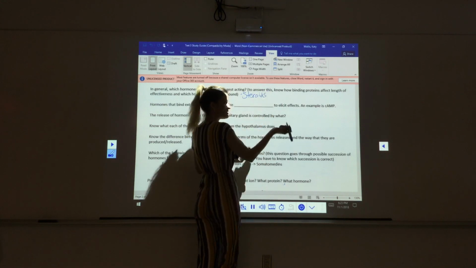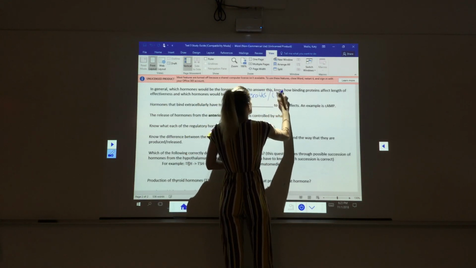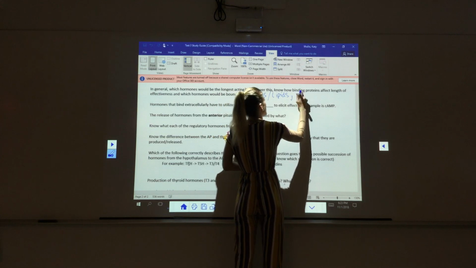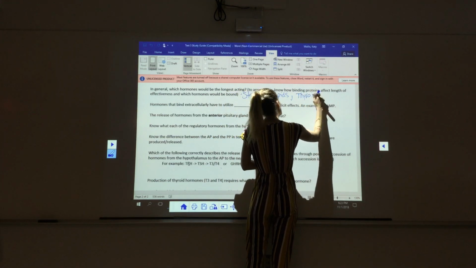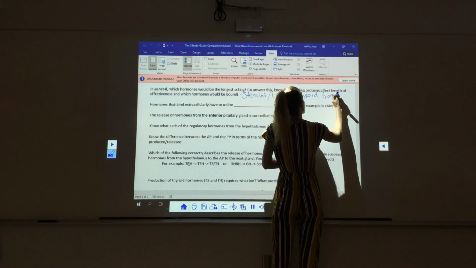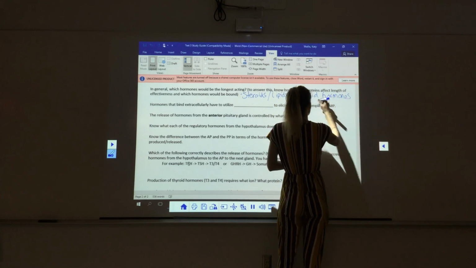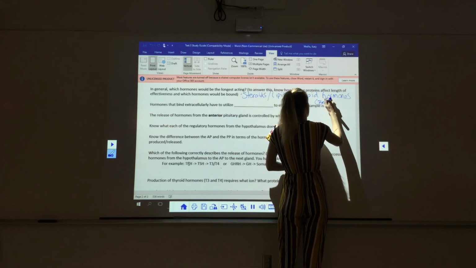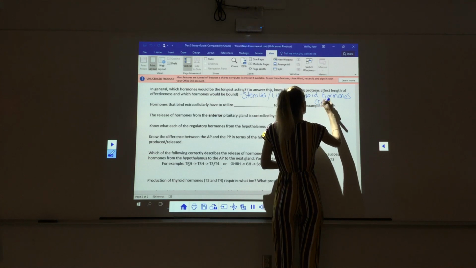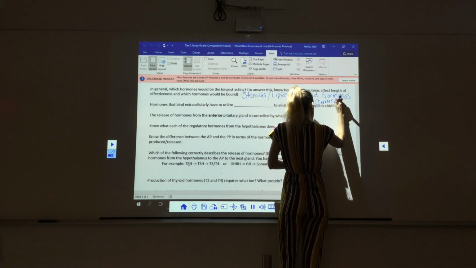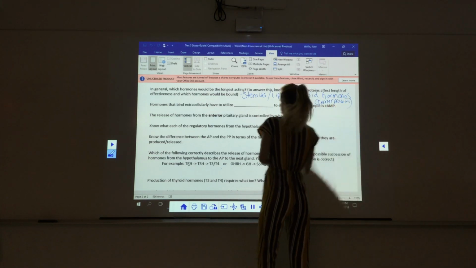Steroids or lipid derivatives and thyroid. Why? Because they're not soluble in blood. Good, so that means they have a what? A carrier. They have a carrier protein binding. They've got the protein attached. Good, perfect.